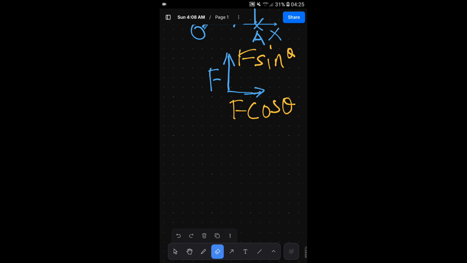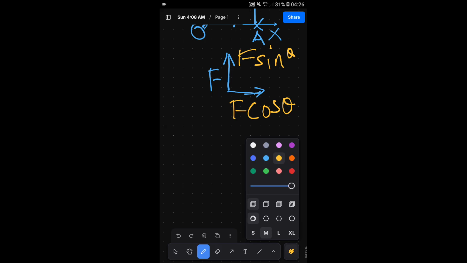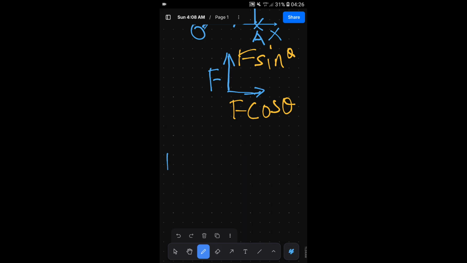Since our new force has become F cos theta, remember we have our work equation to be W equals F times d, where d is the distance over which the body moves as a result of the force.